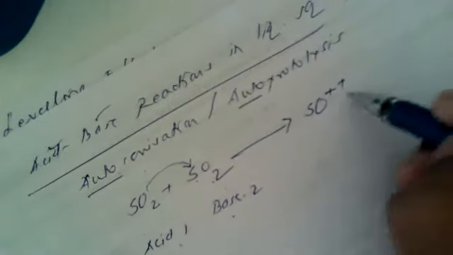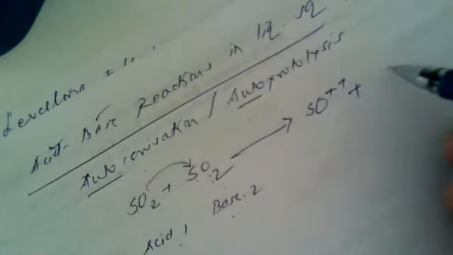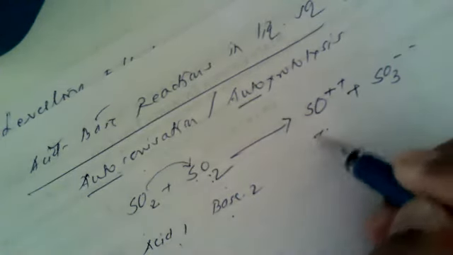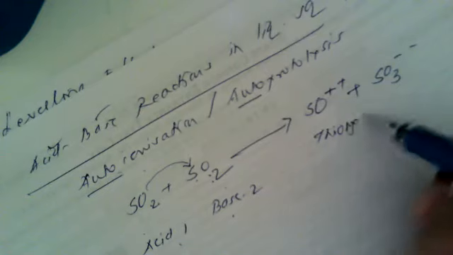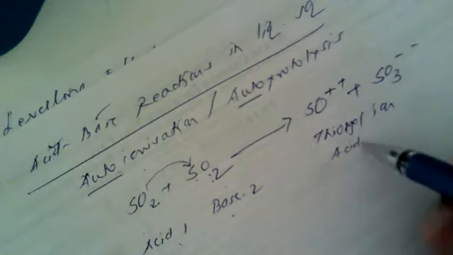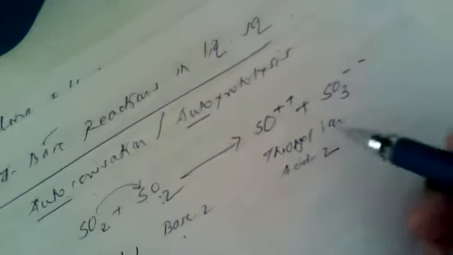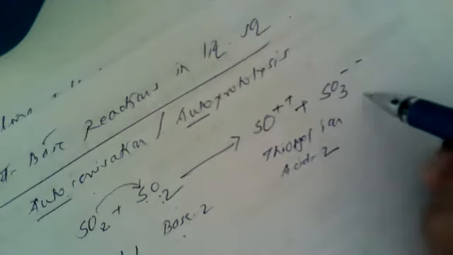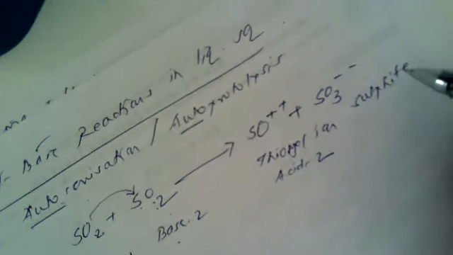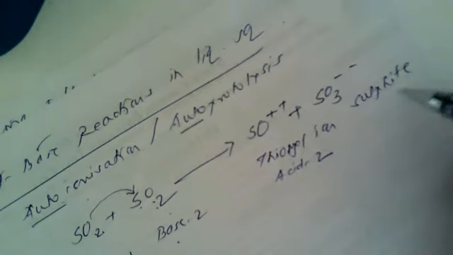SO2 plus one of the oxygen that is given, then becomes SO3 2 minus. So this is known as the thionyl ion, which is regarded as acid 2, and SO3 2 minus is known as a sulfite. It is not sulfide, sulfide is S2 minus, this is sulfite, and it is regarded as base 1.